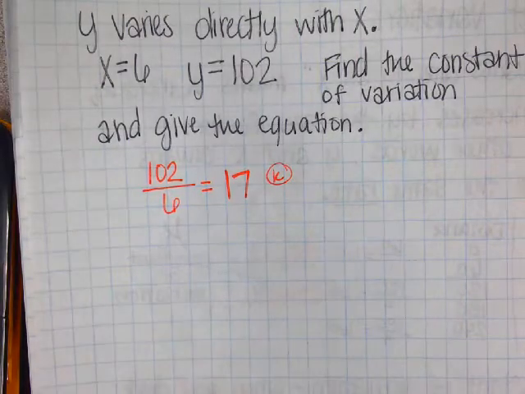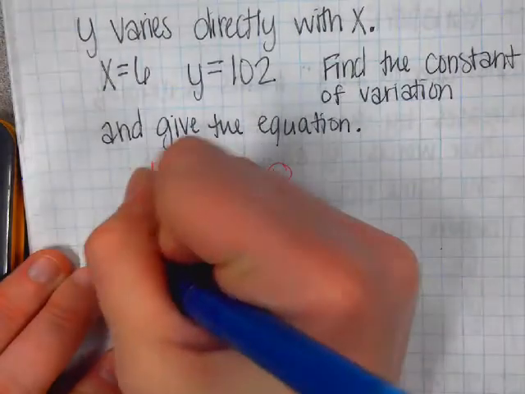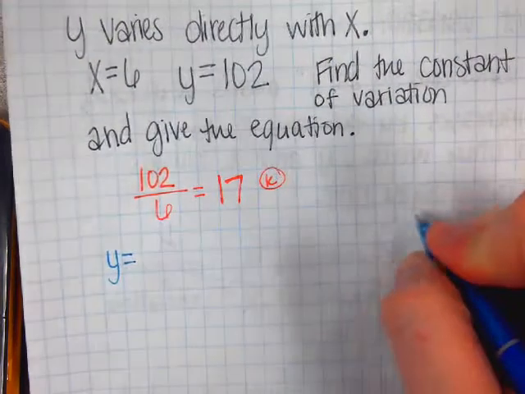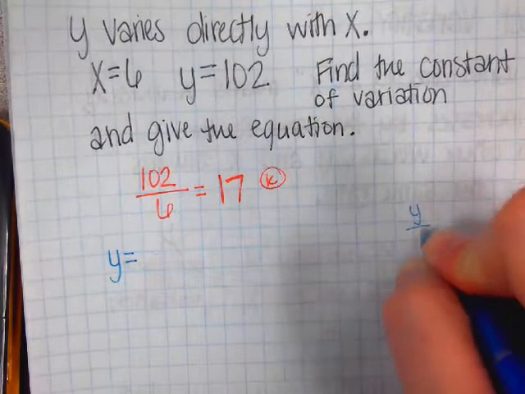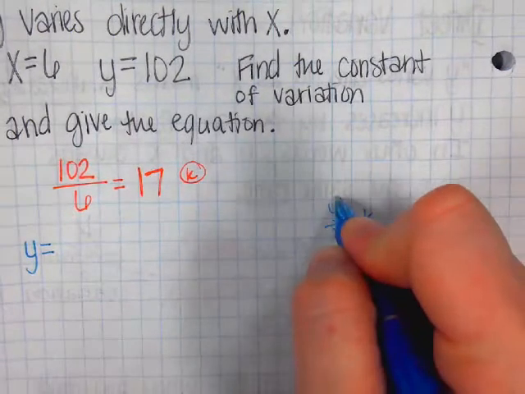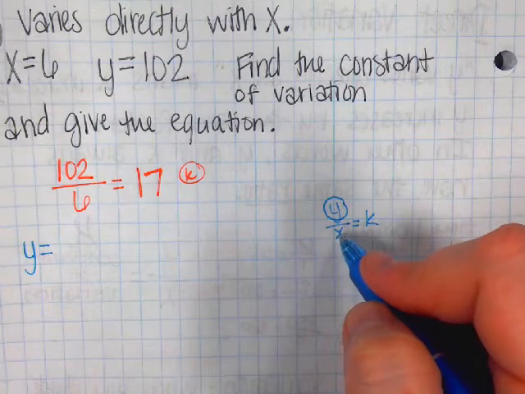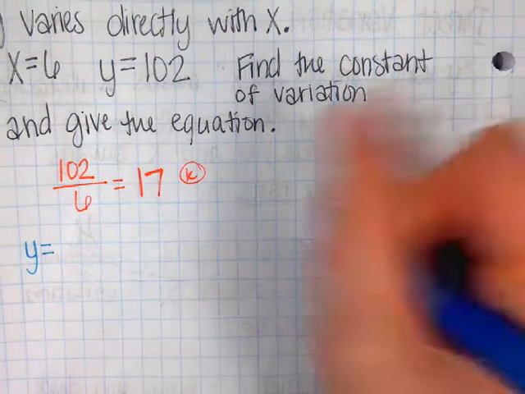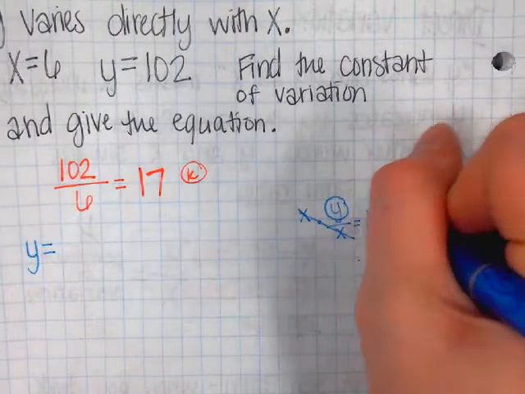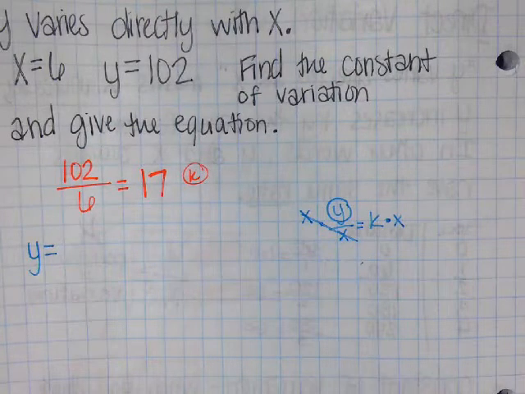And then it says, and give the equation. Well, remember when we talk about equations, they're always written as y equals. Now, if we find the k by y divided by x equals k, if I want y by itself, the opposite of divide is to multiply by x, so that those cancel.